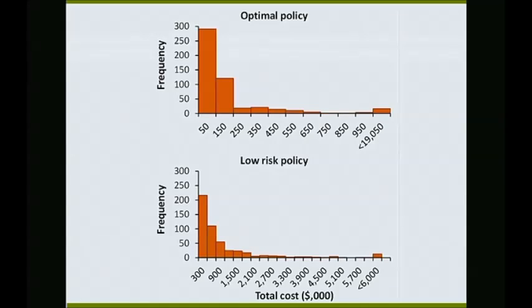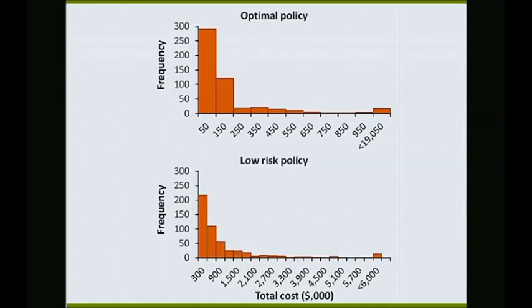Most of the runs are giving costs of around $50,000, with some up at 150,000, and then with this one you've got a few really bad ones where the pest has jumped to a grain store or to a farm.